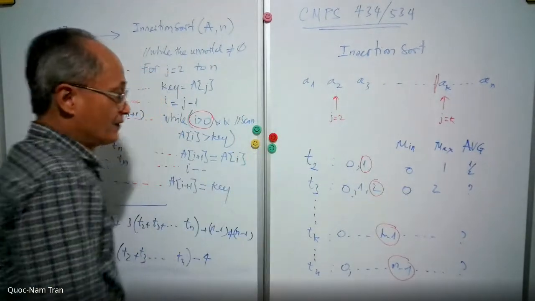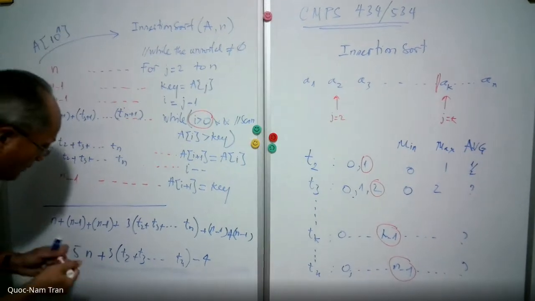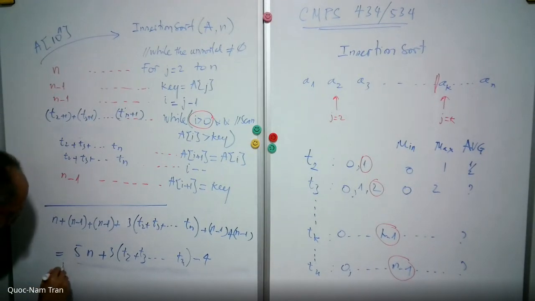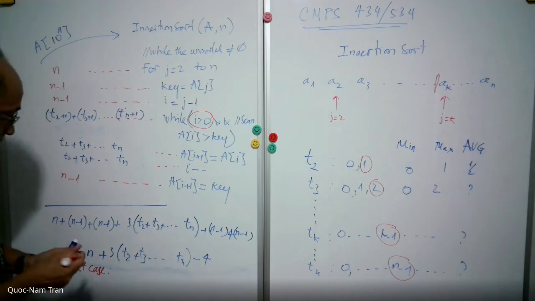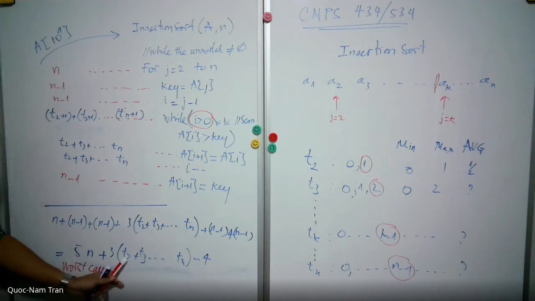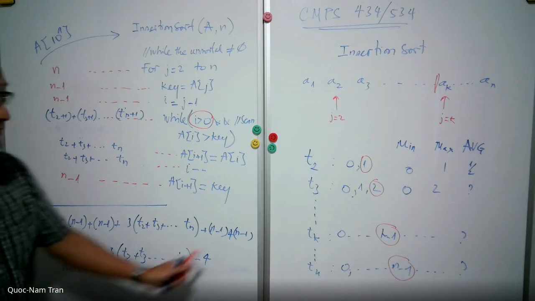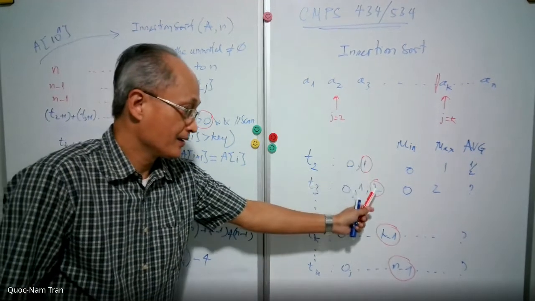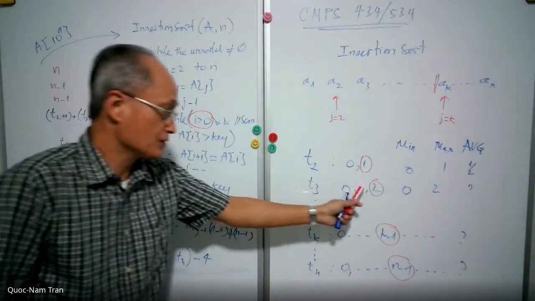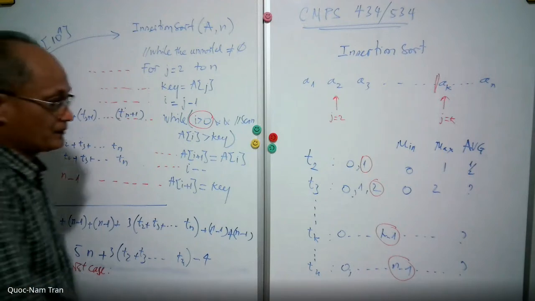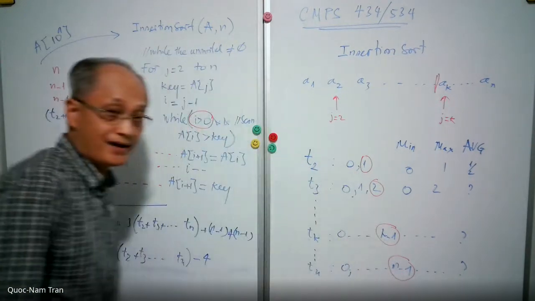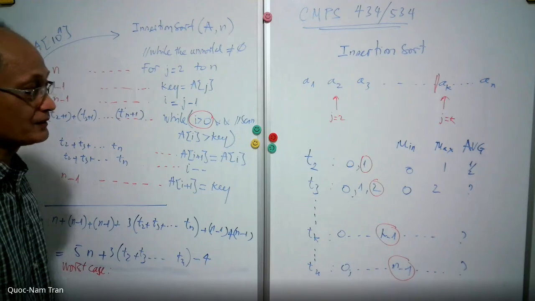So that said, the worst case will be here: T2 is 1, T3 is 2, up to n minus 1, right? Okay, so that is what we have here. That is the worst case situation.